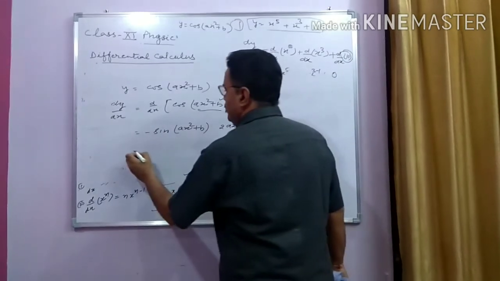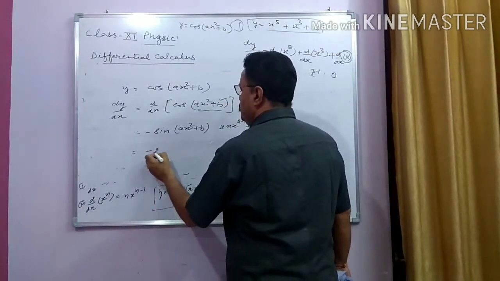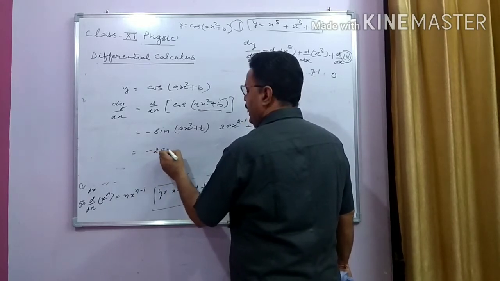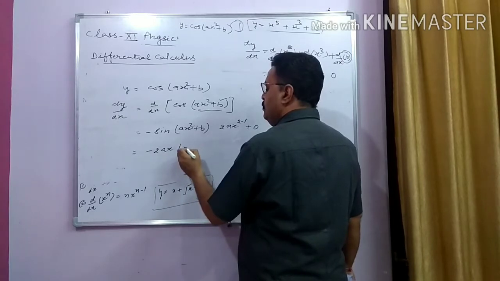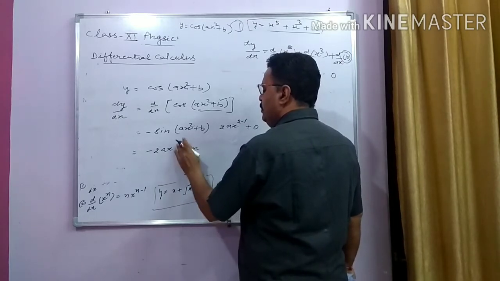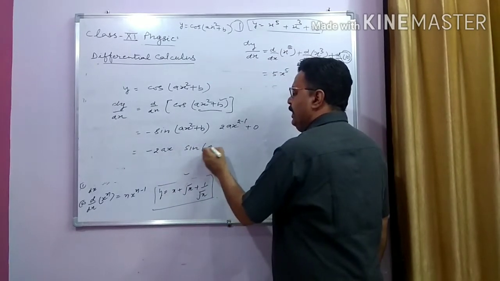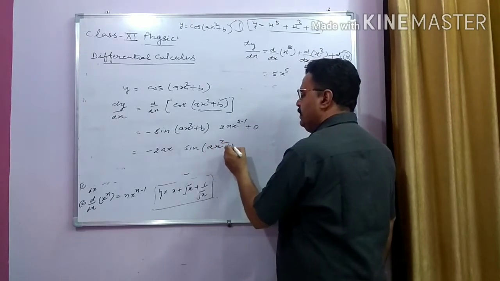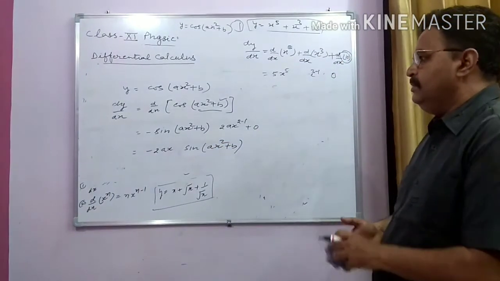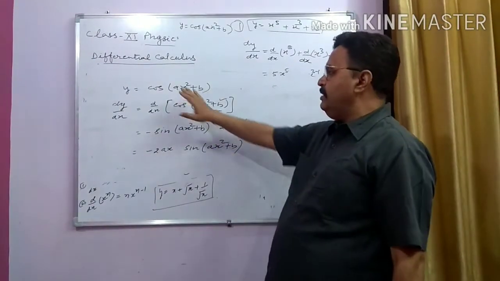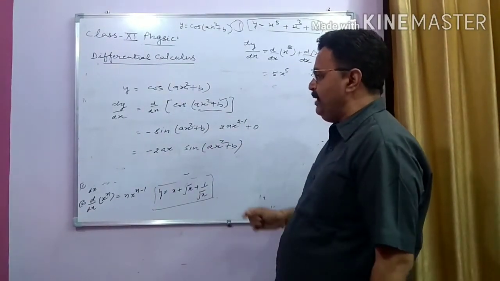So now this expression becomes here minus 2ax into sine(ax square plus b). So in this way we can differentiate this trigonometric function cos(ax square plus b).